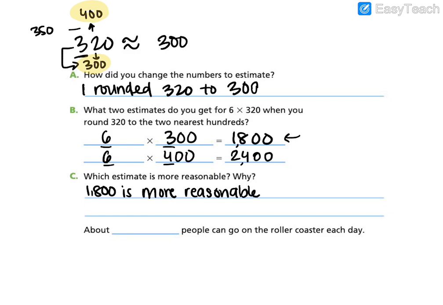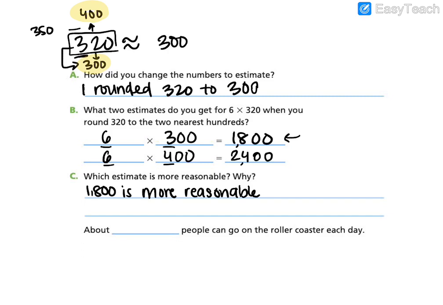And think why. Why is 1,800 more reasonable than 2,400? It's all about what we rounded to. If we are rounding 320, even though it's between 400 and 300, it's closer to 300. When we round, it rounds to 300, not to 400.